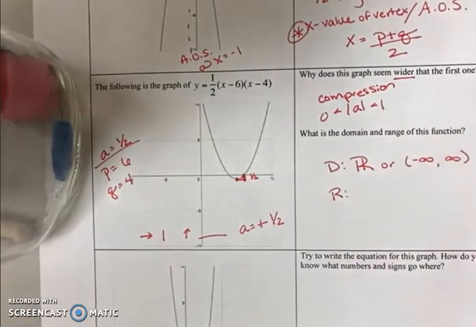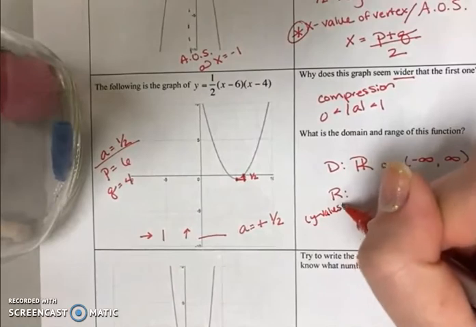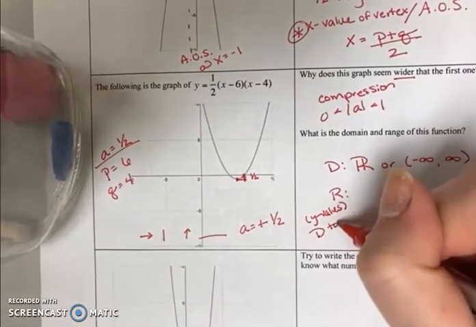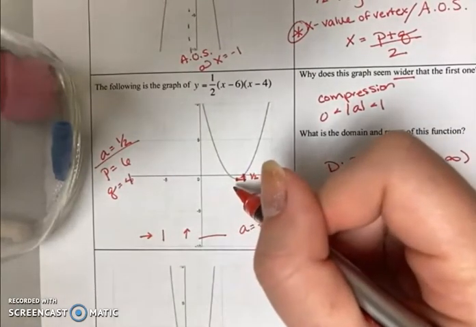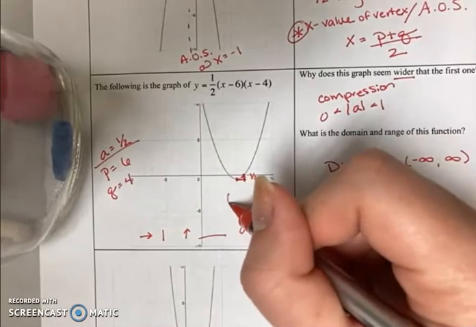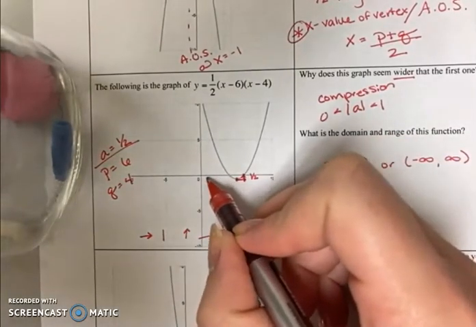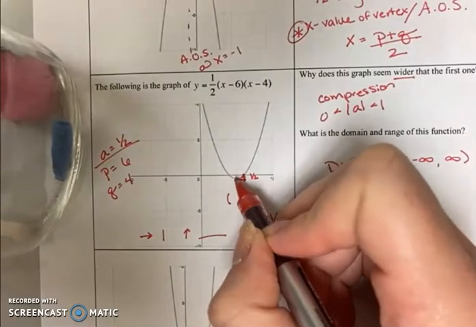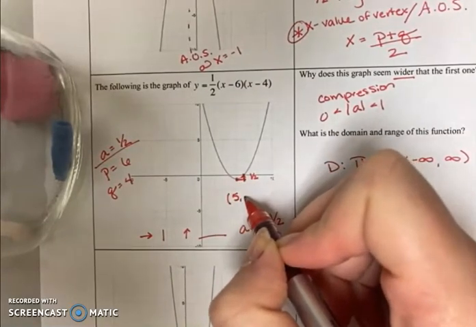In this graph, we have a minimum. Remember, range deals with the y values, and we must always write it down to up. Okay? So my lowest point on this graph appears to be at, let's see, 1, 2, 3, 4, 5, negative 1/2.